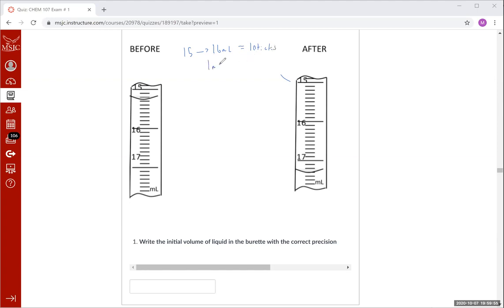So we know 1 milliliter is 10 ticks. So 1 tick is equal to 1/10 of a mL, and we can report up to 1/10 of a tick, 1/10 of the smallest graduated mark, which would be 1 over 100 milliliters, which would be 0.